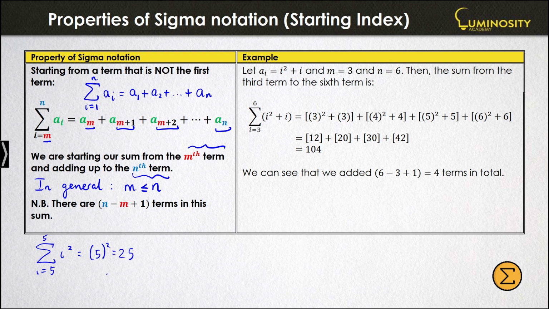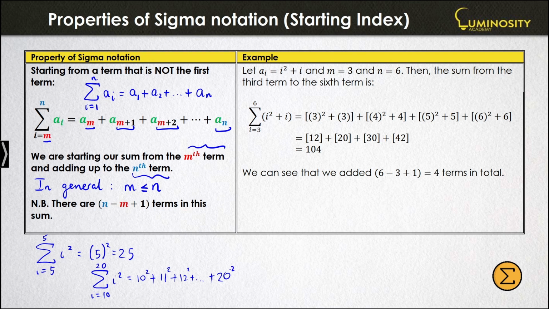But generally, if you have i equals 10 to 20 of i squared, you would start at 10 squared, then 11 squared, then 12 squared, all the way up to 20 squared.